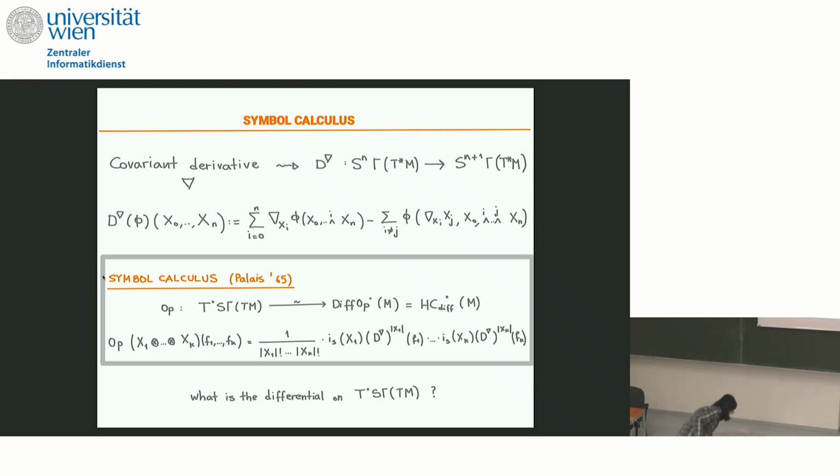What about the tensor algebra of symmetric algebra of vector fields? What is the differential over there? Because after all, we want to compute a cohomology. So we want to know what is the cohomology over there.